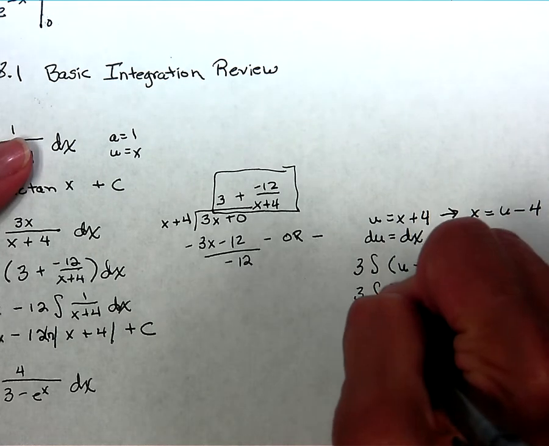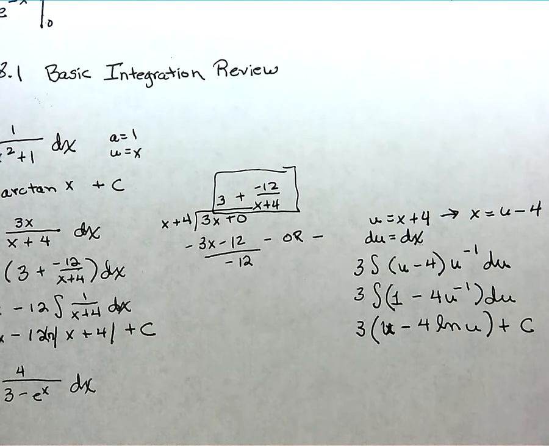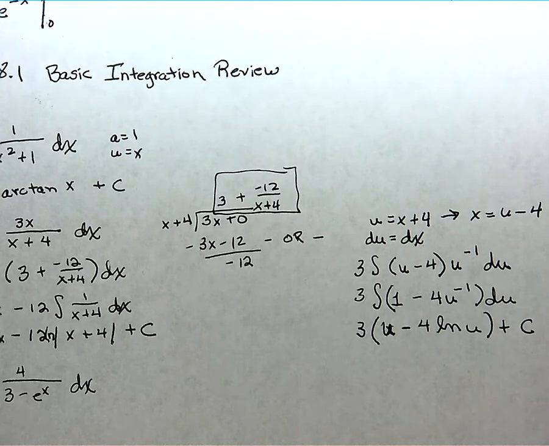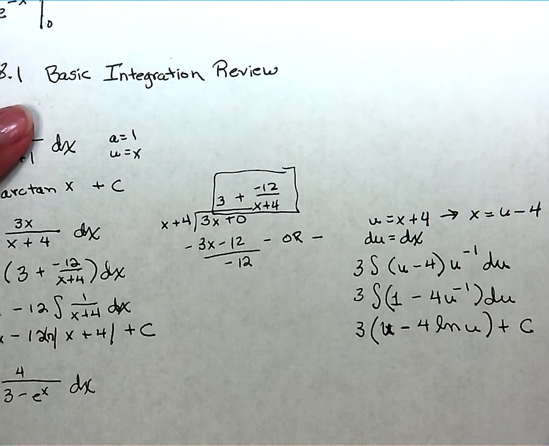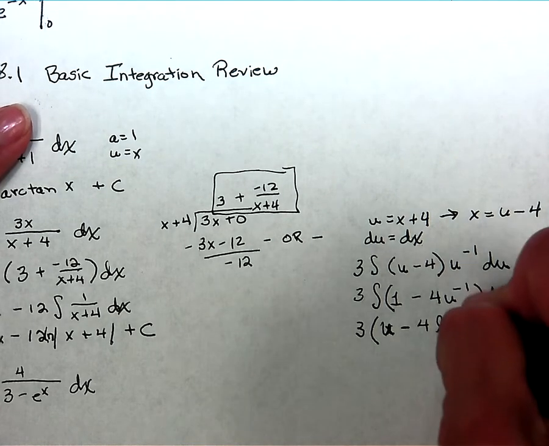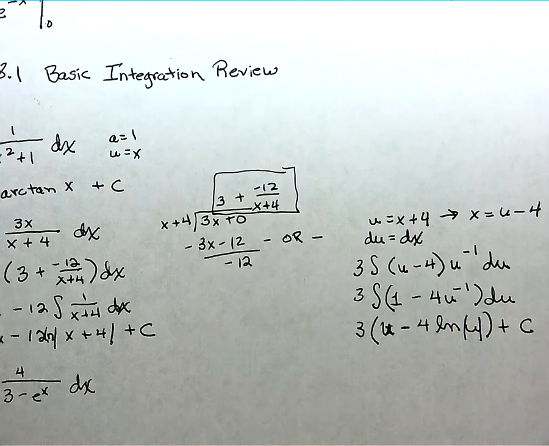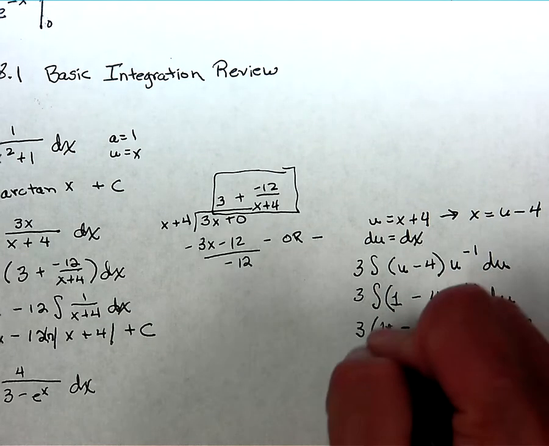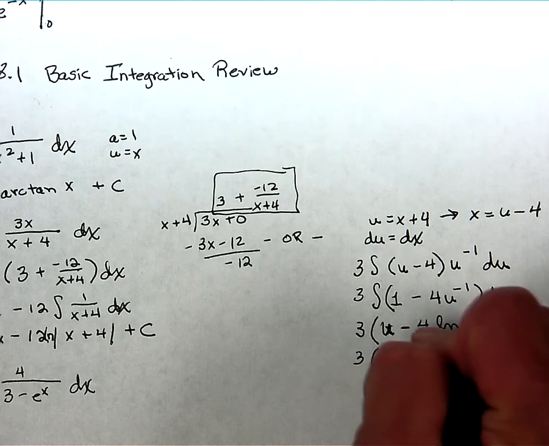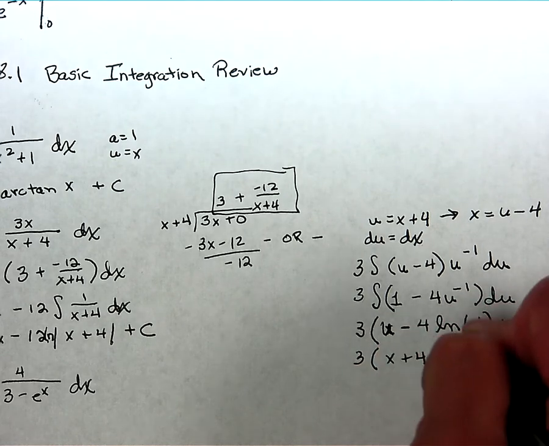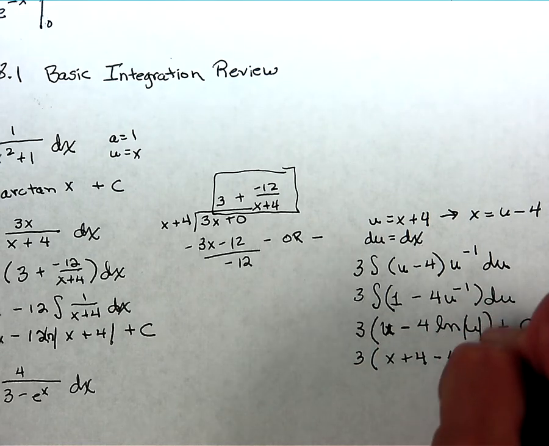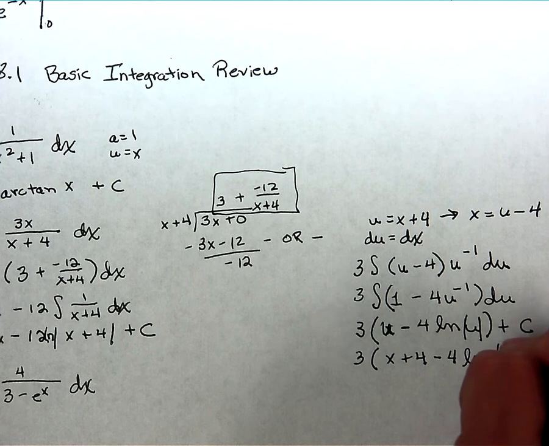That should be u since I'm going to use it. So far so good. So I would have 3 times u minus 4 natural log of absolute value of x plus 4.